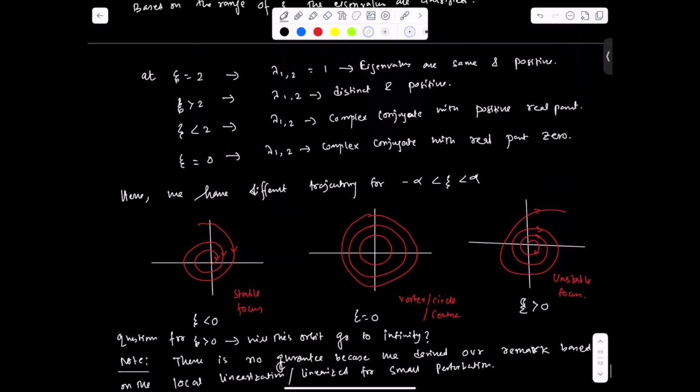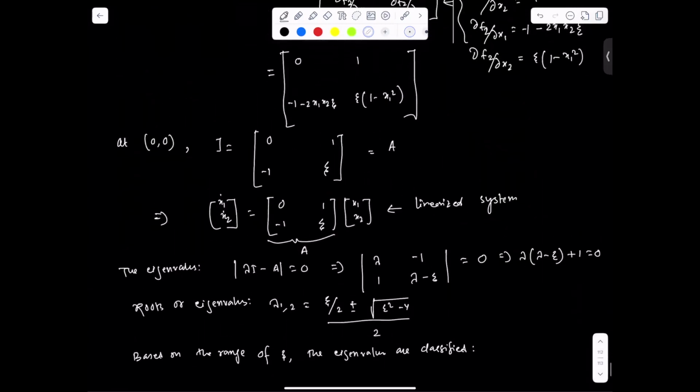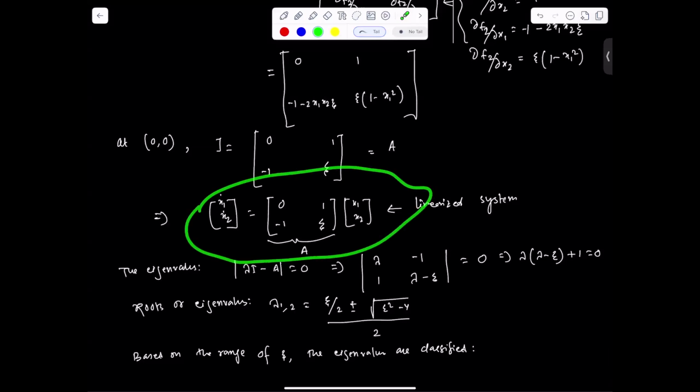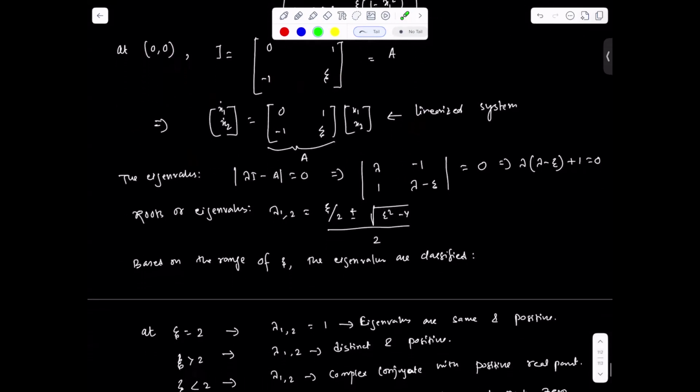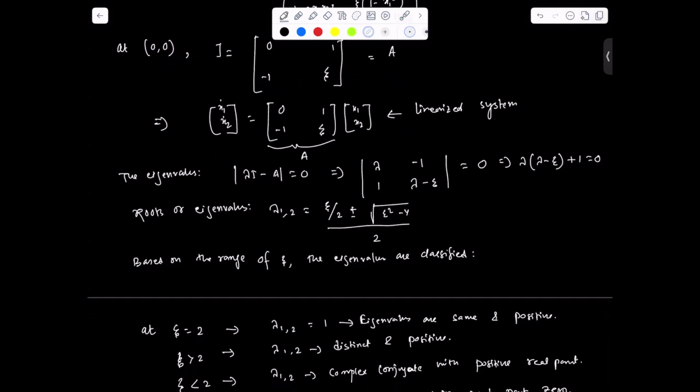So this is what it means, because if you notice this linearized system we obtained, it describes how the system behaves for a small perturbation around the equilibrium point, right? If you write it more practically, it should be delta x1 dot, delta x2 dot, these are the part of variables, equal to the matrix 0, 1, -1, zeta, times delta x1, delta x2.